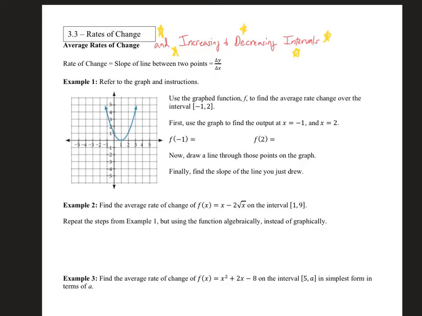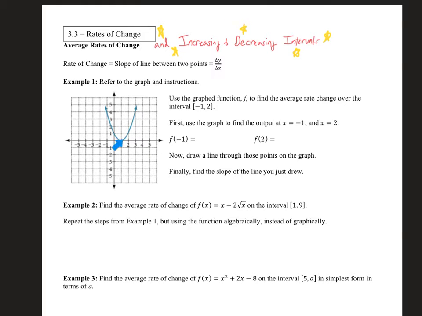When we talk about rate of change here, we think about that idea of slope of the line between 2 points, or your change in y over your change in x, which can be a weird idea to think about with a curve. Since we can't find the slope of a curve, right? Because it's not the slope of a line. But what we can do is think about the average rate of change.